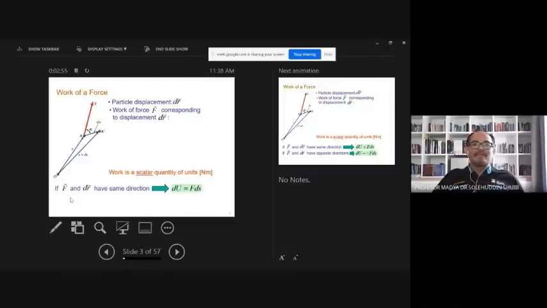Another question. If F and dr are in opposite directions, what will the equation be?